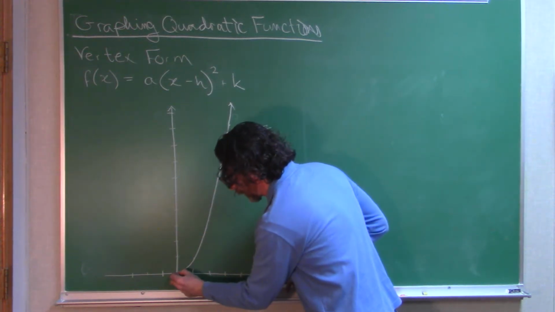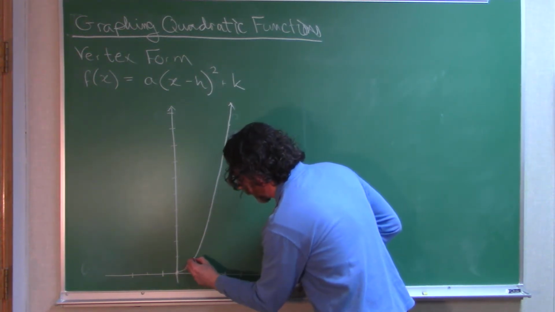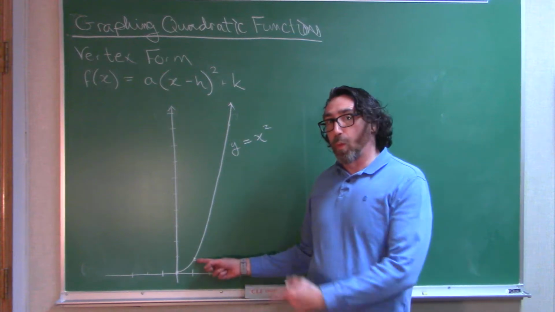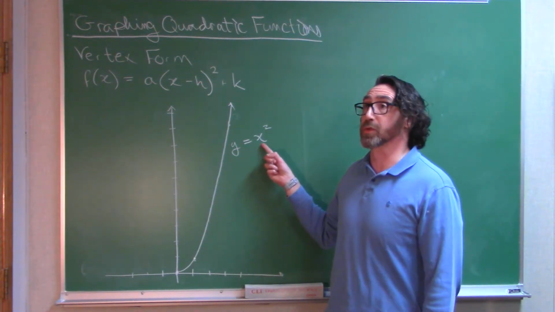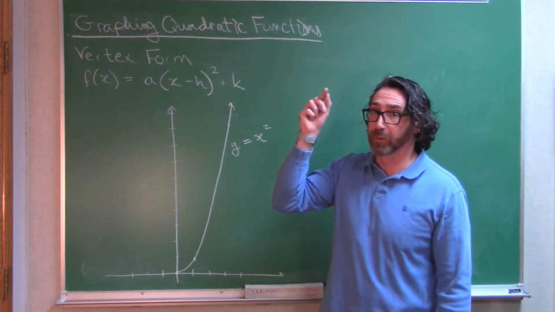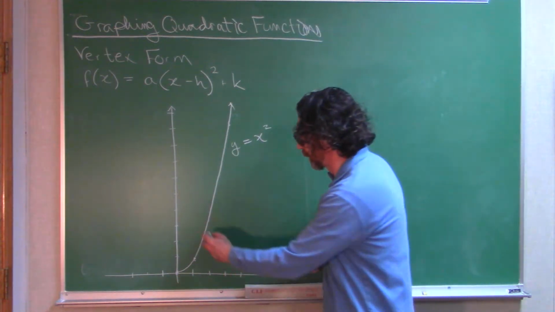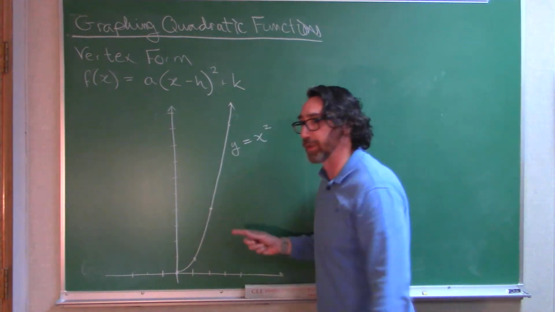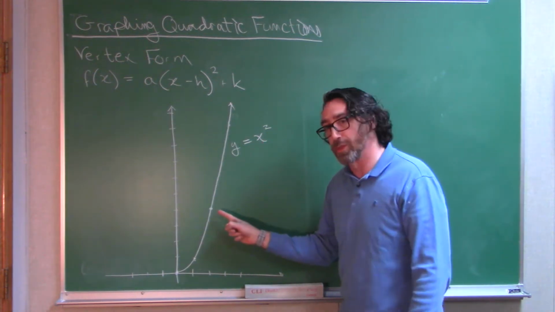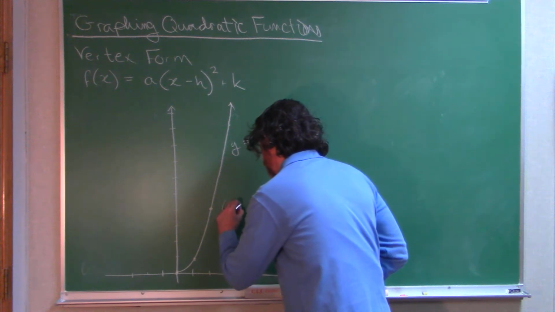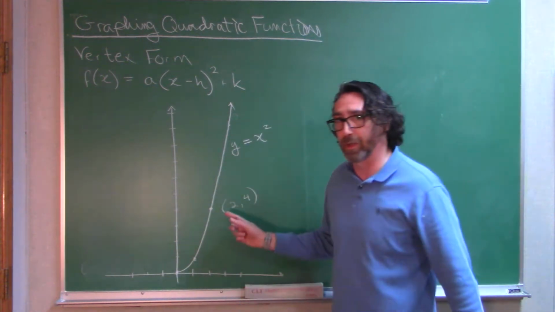You notice I was plotting some points over here. (1, 1) is on this graph. 1 goes in, you square 1, you get 1, so input of 1 produces an output of 1. (2, 4) is on this graph. You take 2 and use it as the input. 2 squared is 4, so 2 goes in, 4 comes out. So (2, 4) is on the graph.